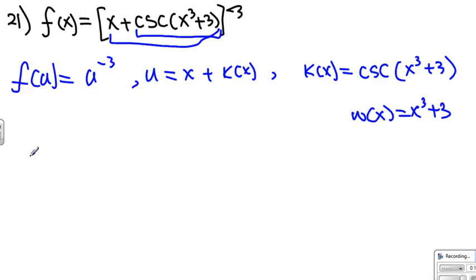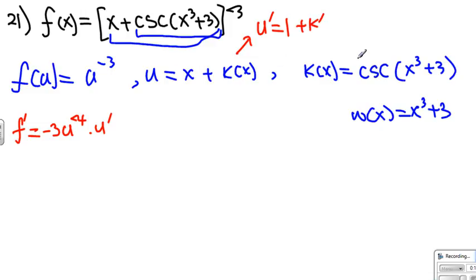Now, first, f prime becomes negative 3 u to the negative 4 times u prime. But what is u prime? Let's look at one at a time. U prime becomes 1 because of the x. Next one simply becomes plus k prime. But what is k prime here?